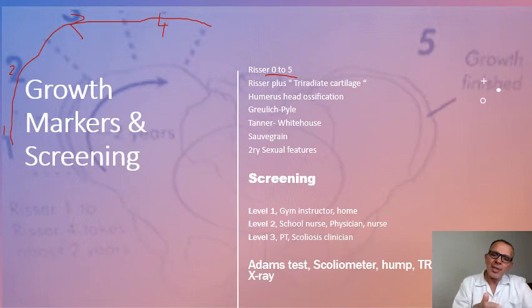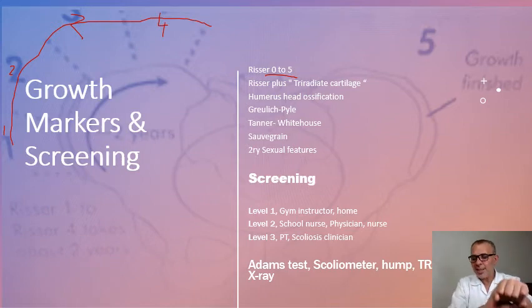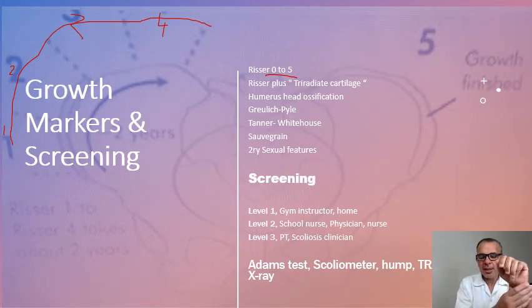Then there are some other ways to determine the bone growth, ossification and bone age. One of these ways is humerus head ossification, also staged from like 1 to 4. We have the Greulich and Pyle, Tanner-Whitehouse. Those are dealing with the atlas, comparing the atlas of the hand and wrist, bone atlas ossification, like archiving, comparing to our case.